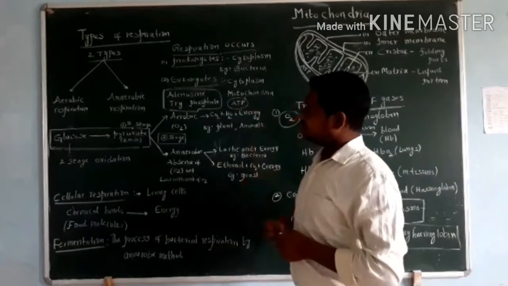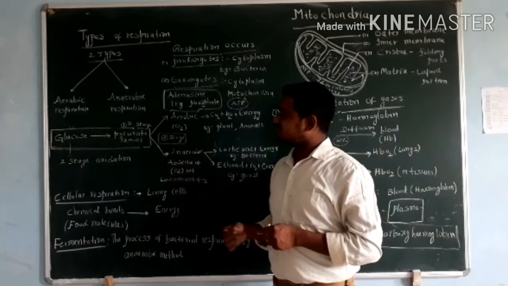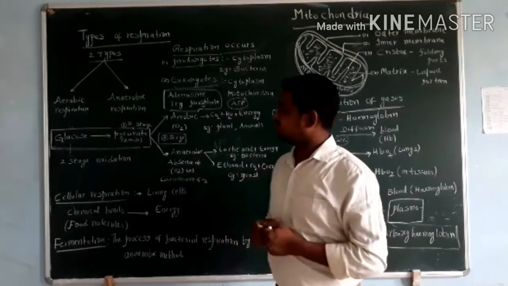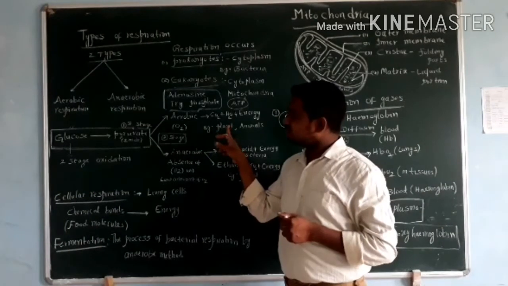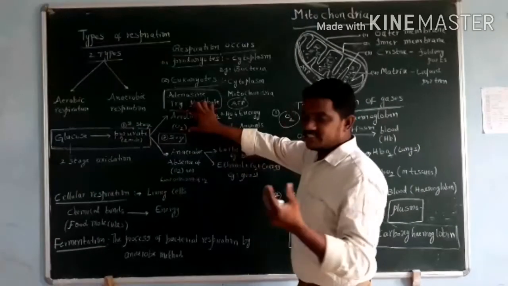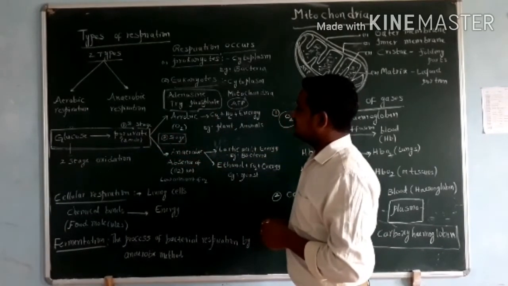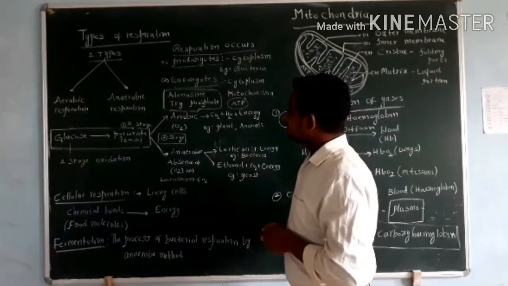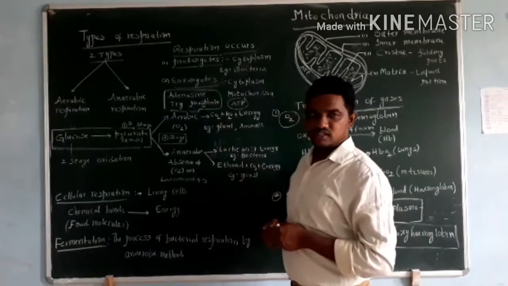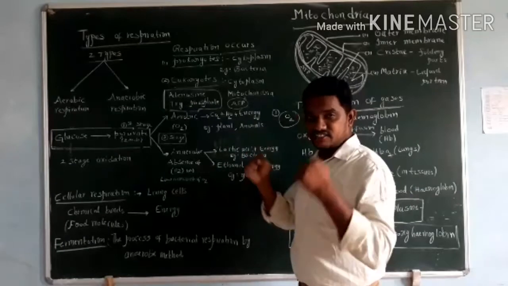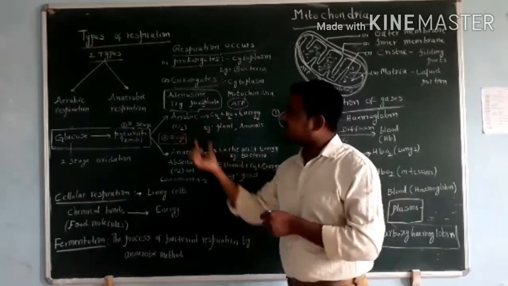Means here, in the second stage of oxidation of glucose, what will happen? If oxygen is present, the pyruvic acid changes into carbon dioxide plus water, H2O, plus energy is released. So this process is called aerobic respiration.